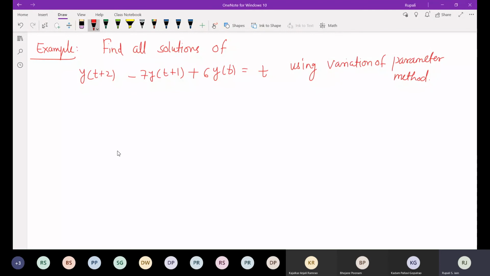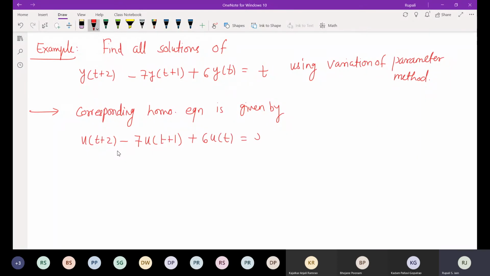So for using variation of parameter method, what will we require? We require u1(t) and u2(t) to be solutions of the corresponding homogeneous equation, which is given by u(t+2) minus 7 u(t+1) plus 6 u(t) is equal to 0.